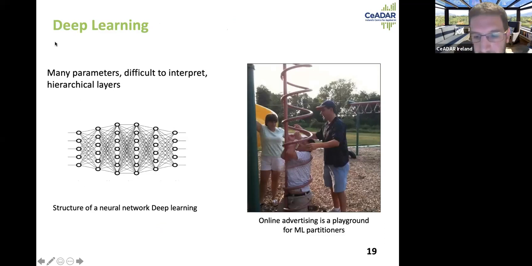So online advertising is an amazing playground for machine learning practitioners because they have a lot of information and they can gather a lot of data and they can create models. And even though a new model makes a little improvement, when you apply it to the billions of transactions that are made in online advertising every day, that turns out to be a huge amount of money.